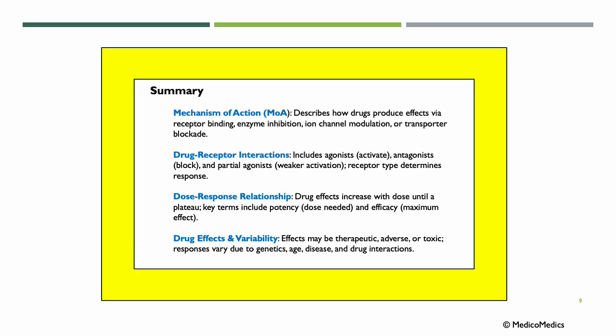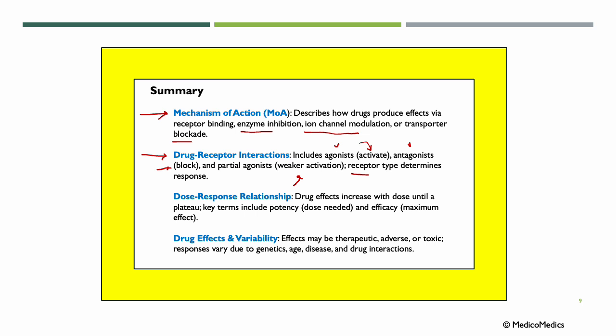So in summary then, in the lecture we covered mechanism of action, which describes how drugs produce effects via receptor binding or enzyme inhibition, ion channel modulation, or transporter blockade. Further, we discussed drug-receptor interactions. This included agonists that activate, antagonists that block, and partial agonists with weaker activation.